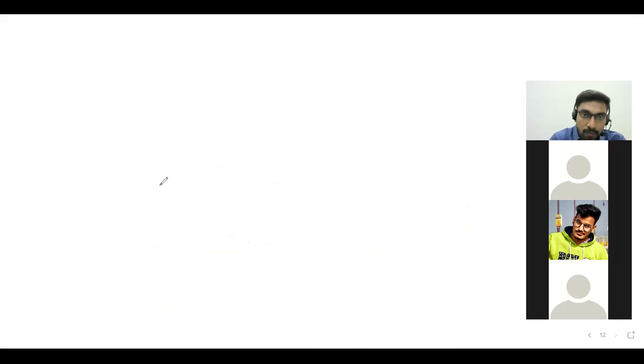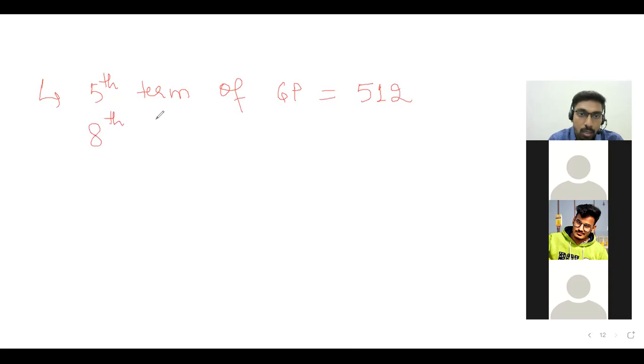So the next question will be like this. Fifth term of a GP is 2 to the power 8, that means 512, and eighth term is 4096.